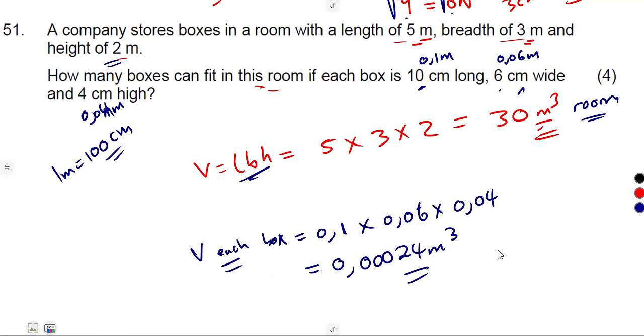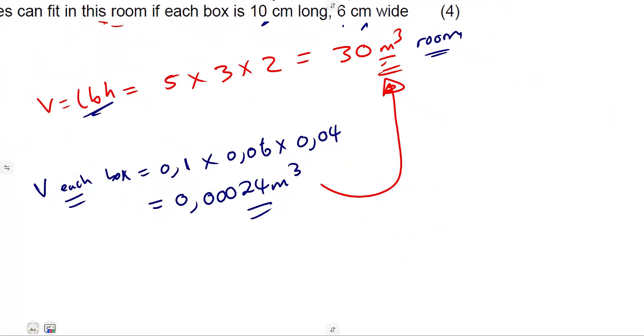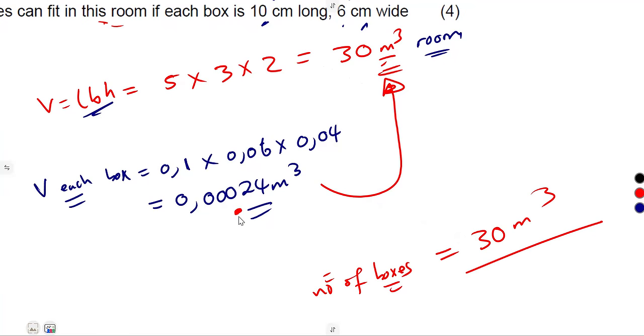So how many boxes can be found in this room, which has a volume of 30 cubic meters? So the number of boxes is simply going to be the volume of the room where you are to keep those boxes, 30 cubic meters, divided by the volume of each box, 0.00024 cubic meters.